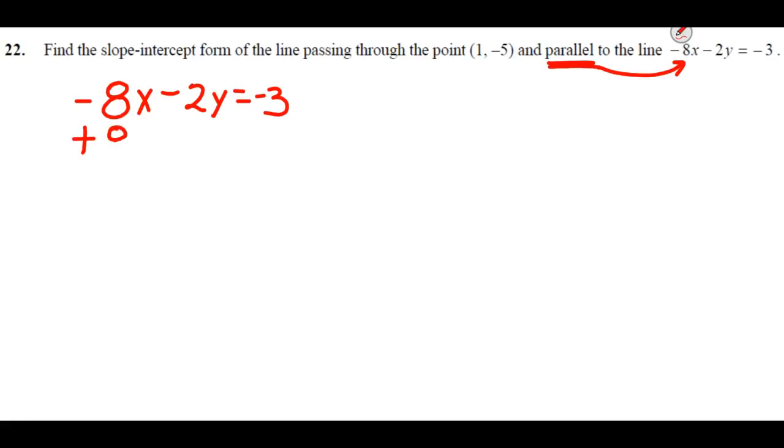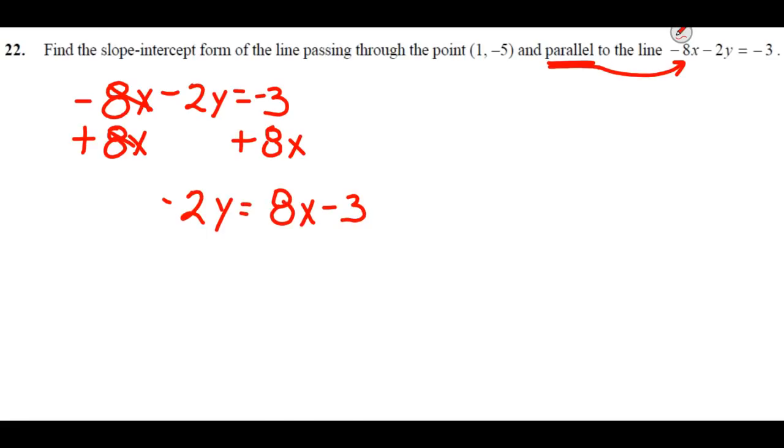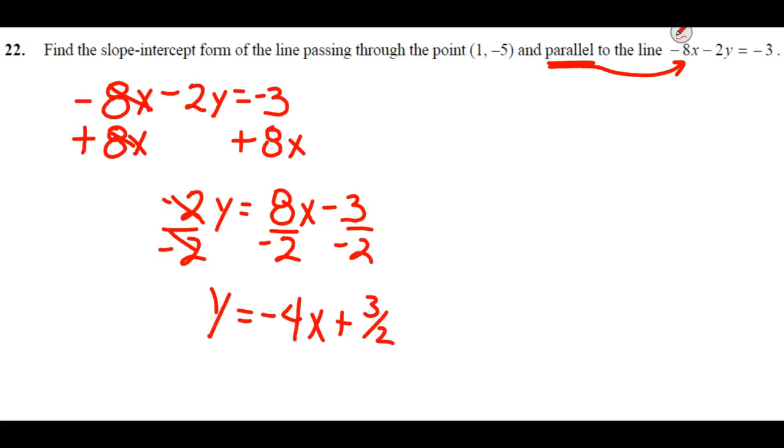So again, I'm going to move my x, negative 2y equals 8x minus 3, and now I'm going to divide each term by negative 2. So y equals negative 4x plus 3 halves.